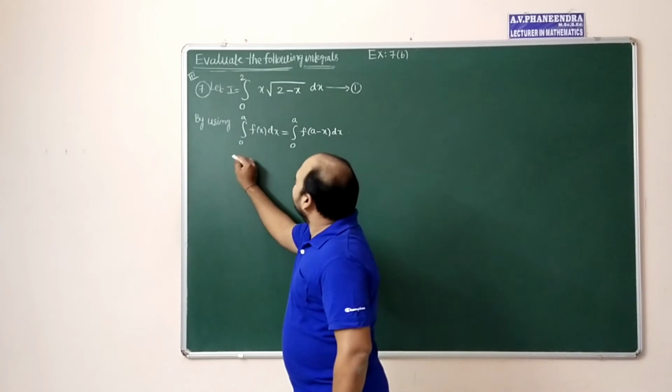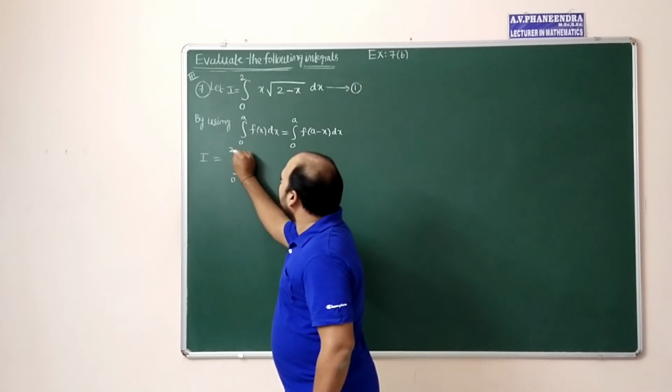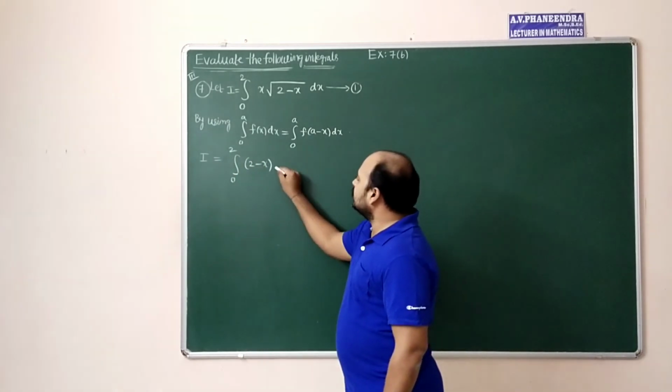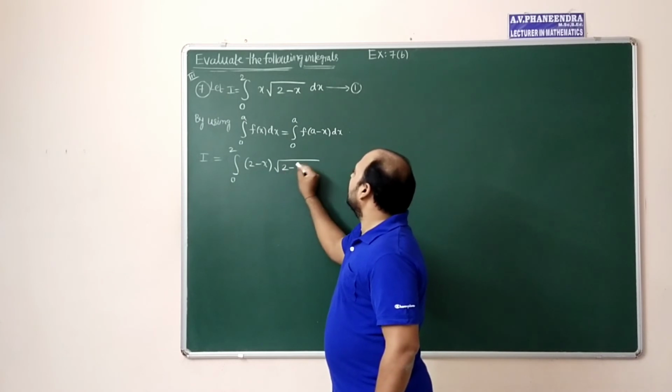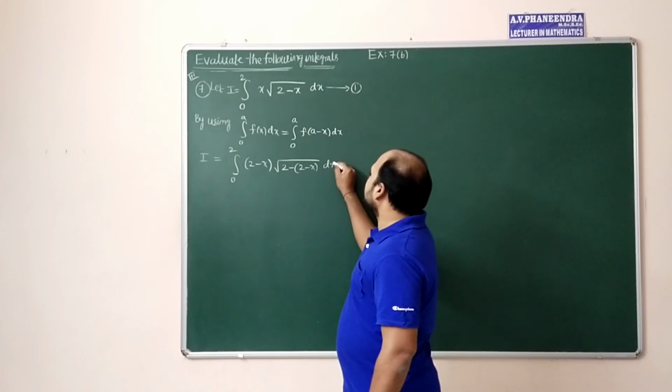So now I equal to integral 0 to 2 of (2 minus x) into square root of 2 minus, in place of x, (2 minus x) into dx.